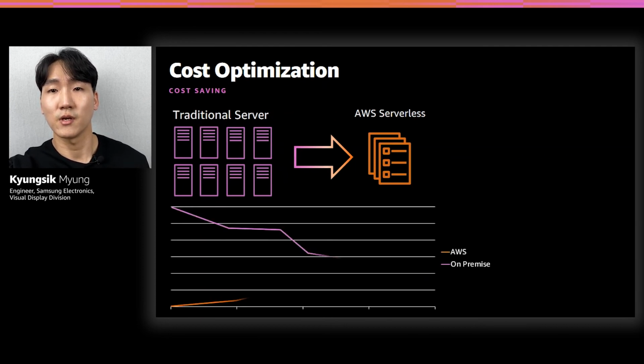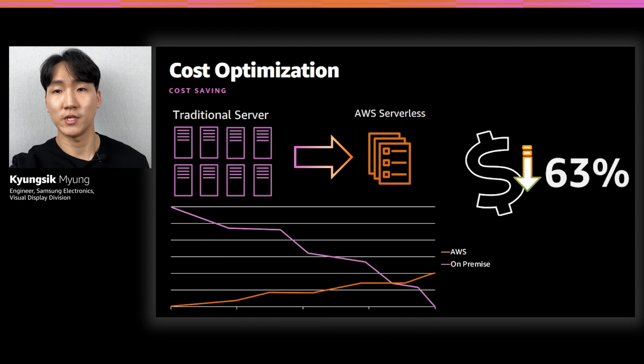As a result, our usage cost is now decreased by 63%. Achieving 63% cost saving was a great effort, and we nailed it with our team's cooperation. With this saved budget, now it's possible for us to reinvest and provide better quality service to our customers.